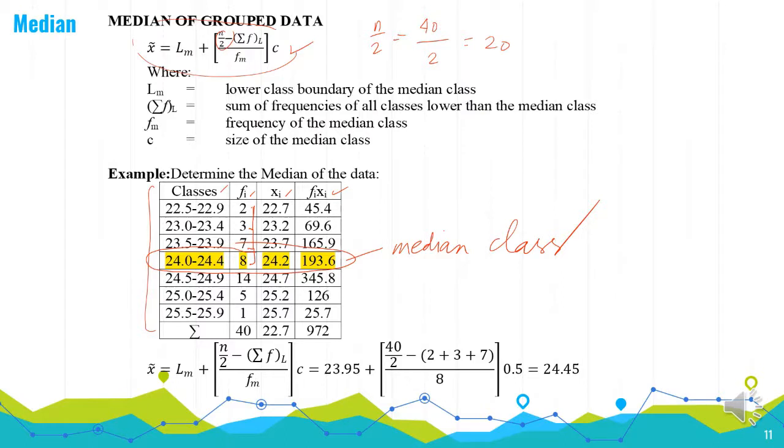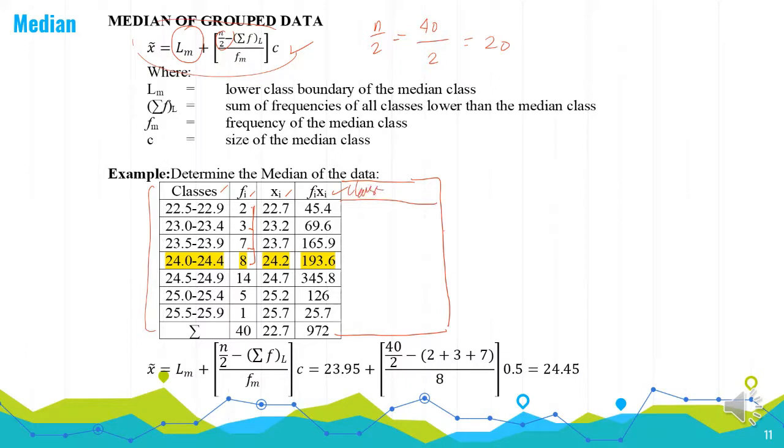So, if you know the median class, you know the lower class boundary of the median class. In your frequency table, we have a column for class boundary. If this is your median class, the boundary opposite it is 23.95 to 24.45.